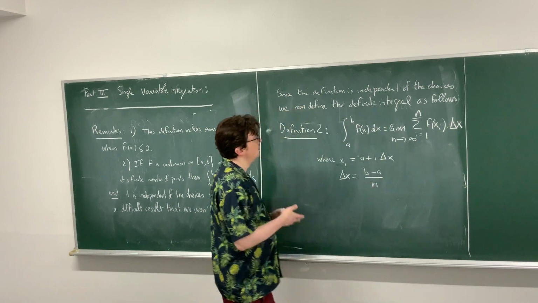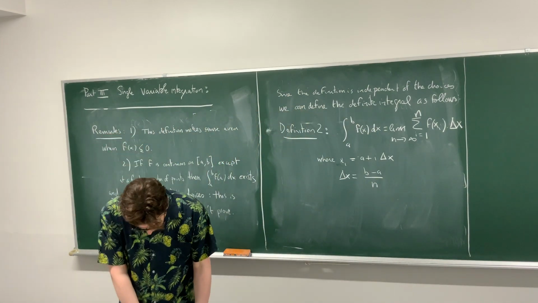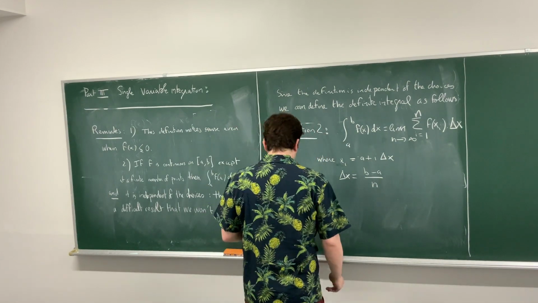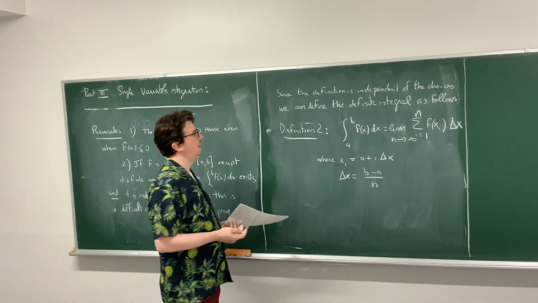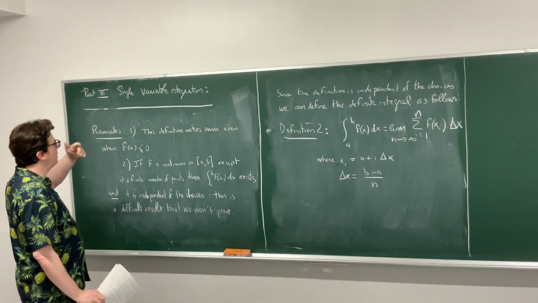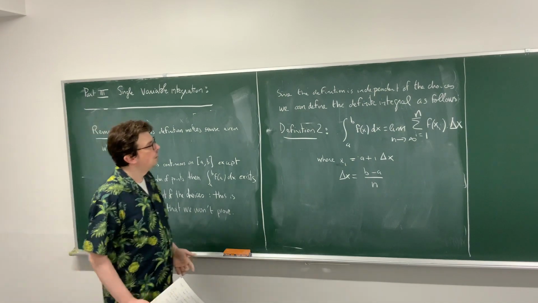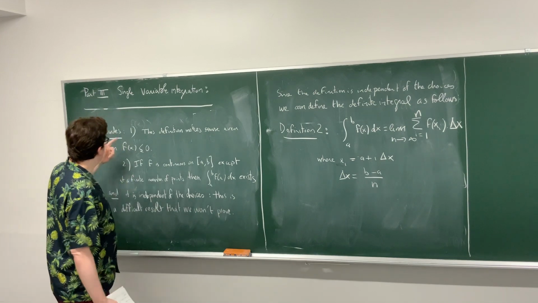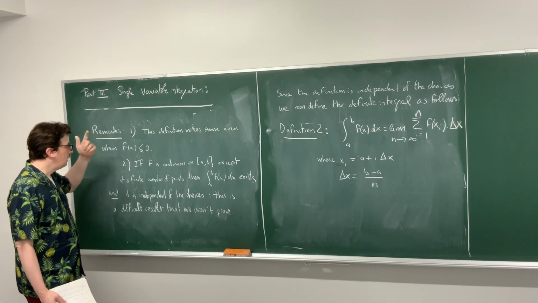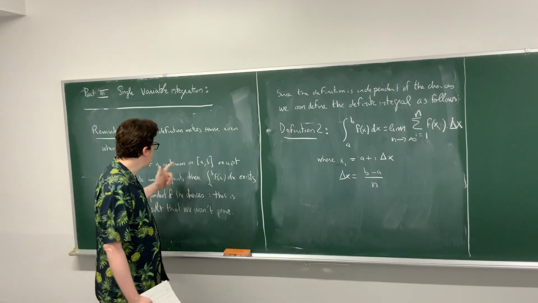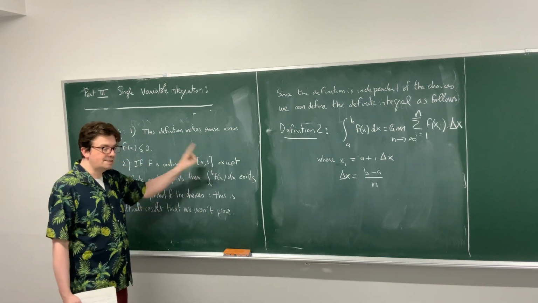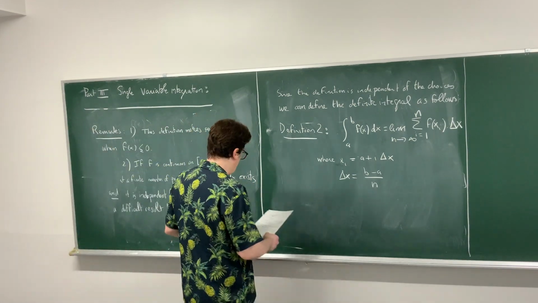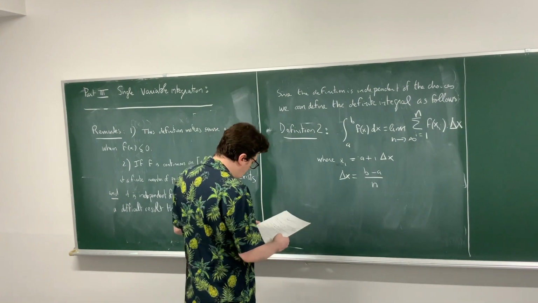Very simple, so this definition is more practical than the other one. It's quite difficult to prove that definition 1 coincides with definition 2, but it is the case. And as a bonus, existence is ensured as soon as the function is continuous, except possibly at a finite number of points. This is also difficult to prove.